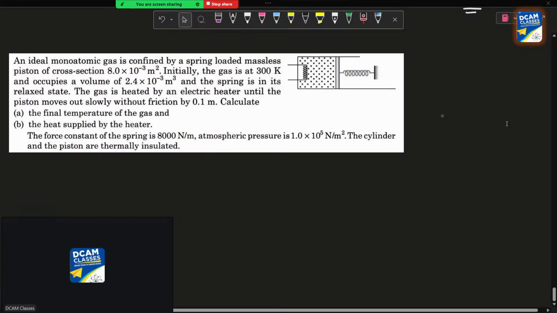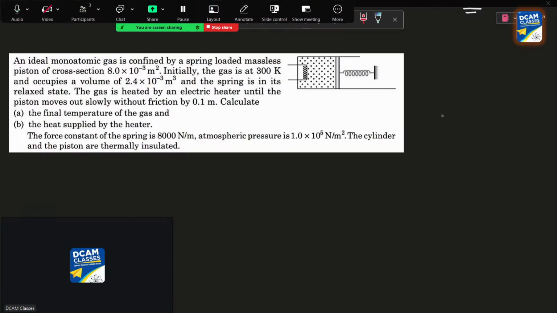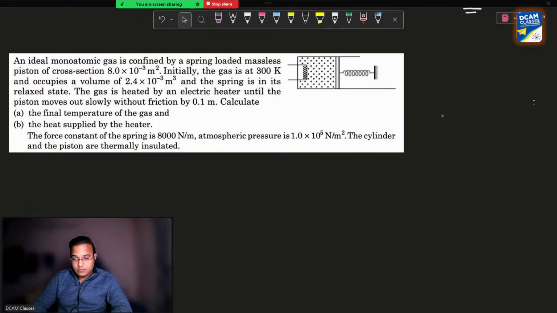Actually, nothing. You need not do anything here. It's not difficult. Just you have to understand the question first. No process, no adiabatic process, nothing.